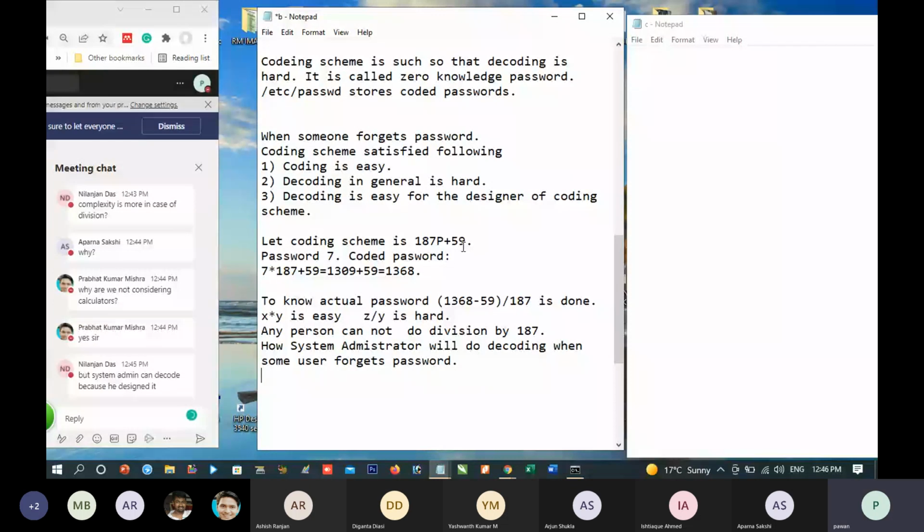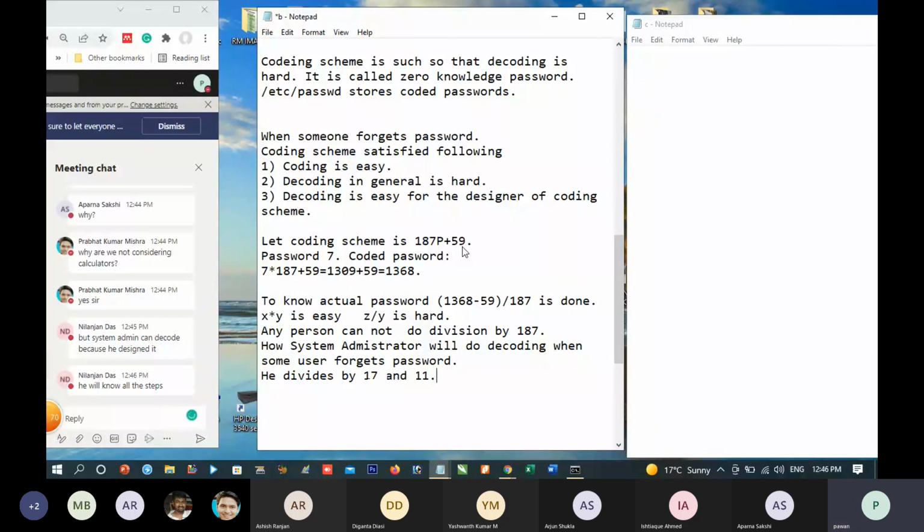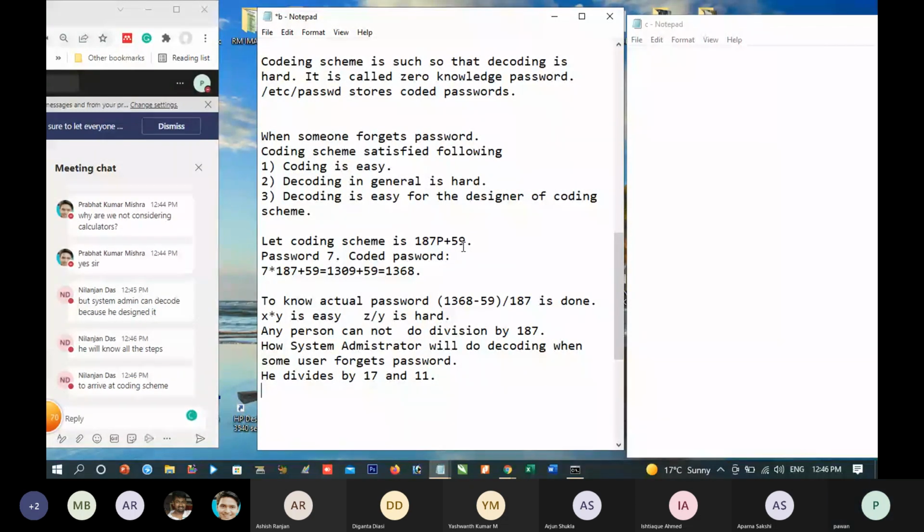He divides by 17 and 11, not by 187. Let us see this. 1368 upon 17 is what?